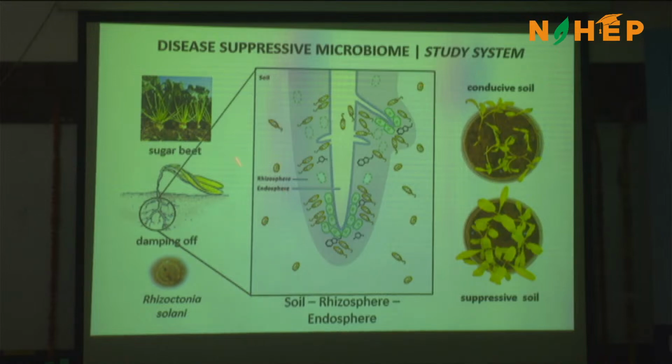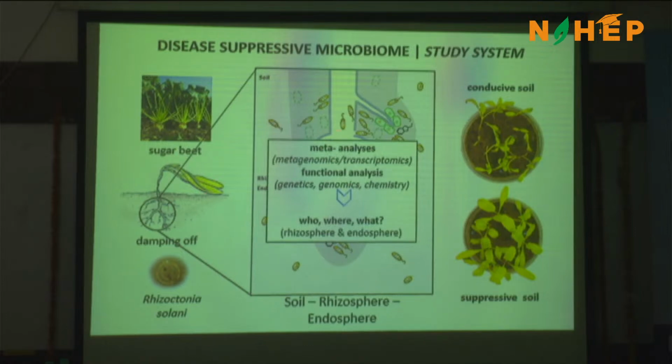We work with sugar beet plants and the damping-off disease caused by Rhizoctonia solani. It's not the first time you see these two pictures: conducive soils and suppressive soils. Plants in suppressive soils are healthy and happy, and as you can see, they grow quite well. In conducive soils, when the pathogen is there, they die.